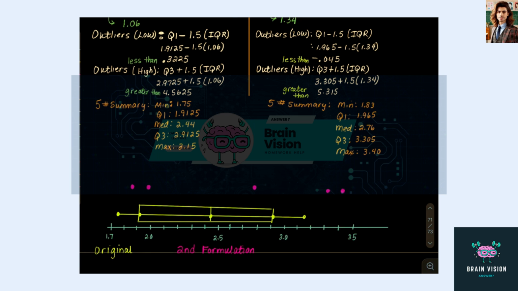And again, we'll connect. We'll draw that box from Q1 to Q3, and separate. So there is our comparative box plots.